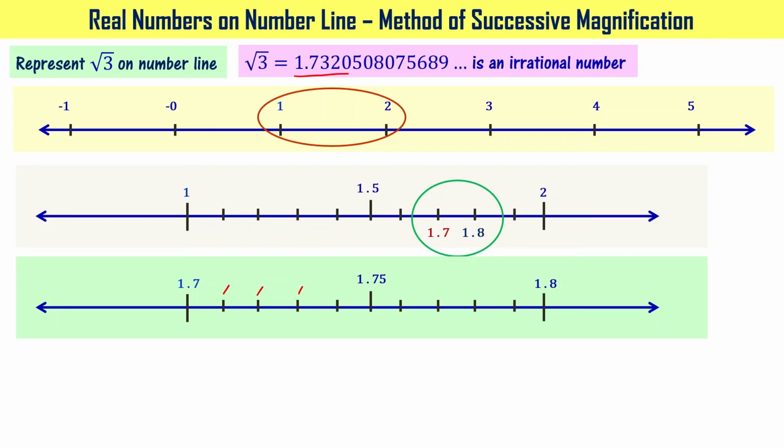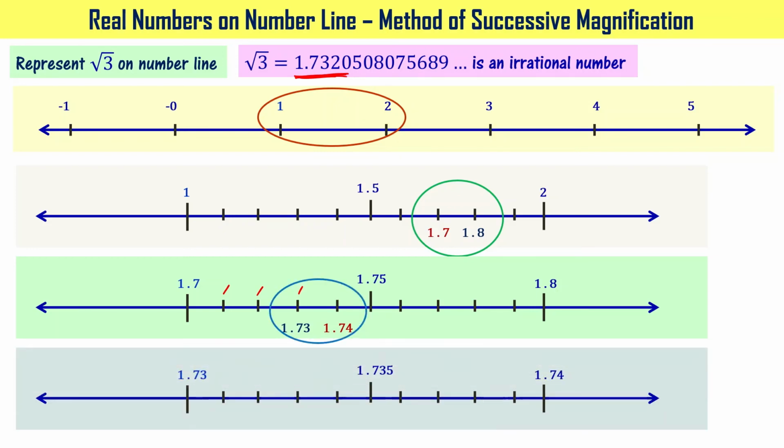Now look at this. 1.732 is greater than 1.73. At the same time, it is smaller than 1.74, right? So we have to zoom this particular zone.